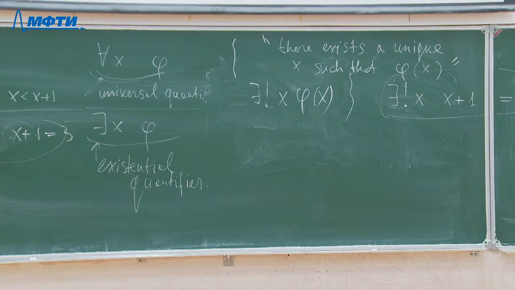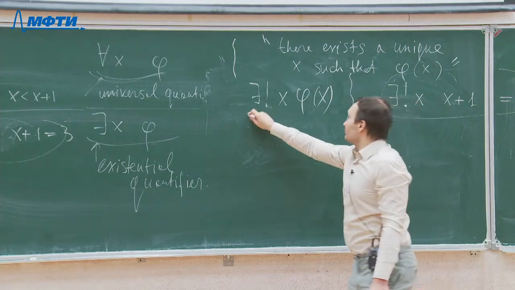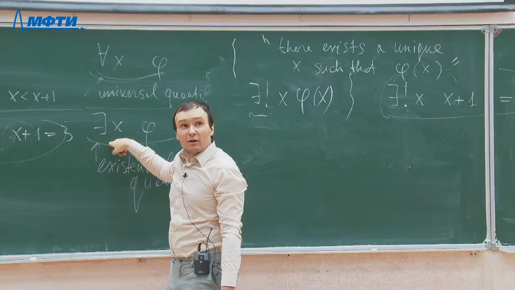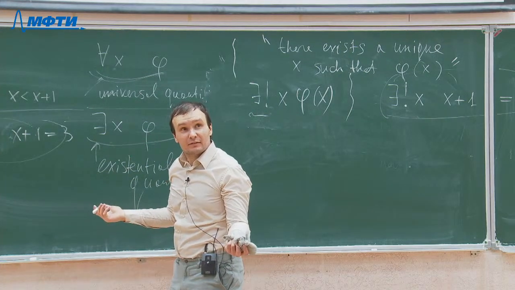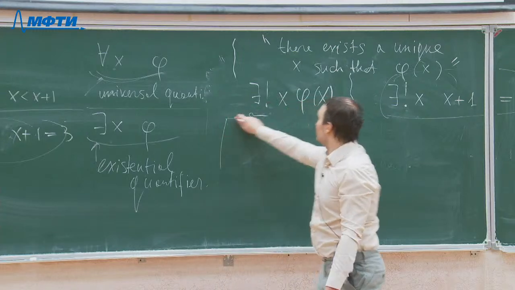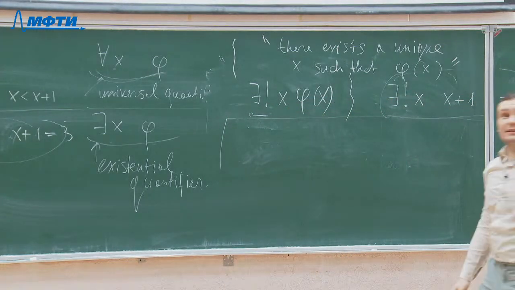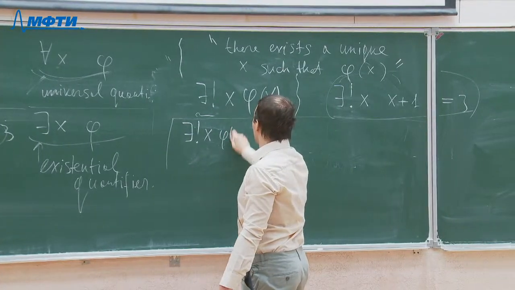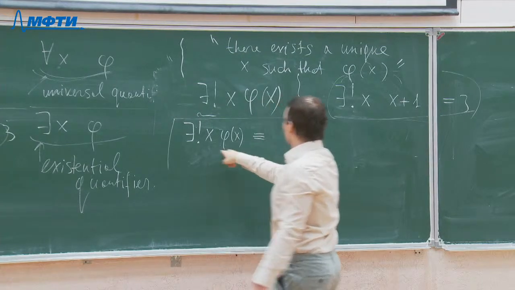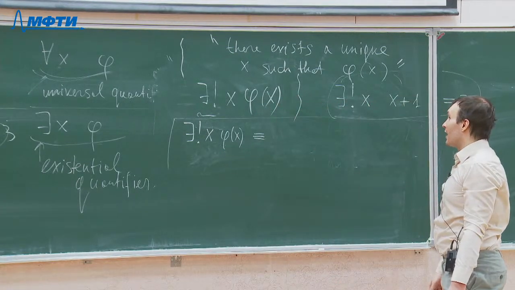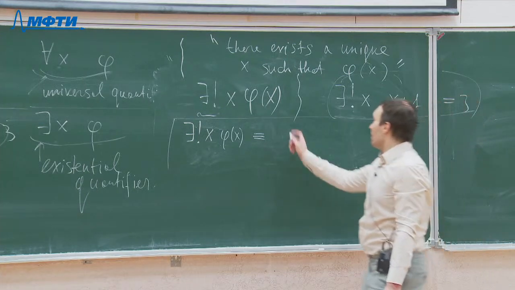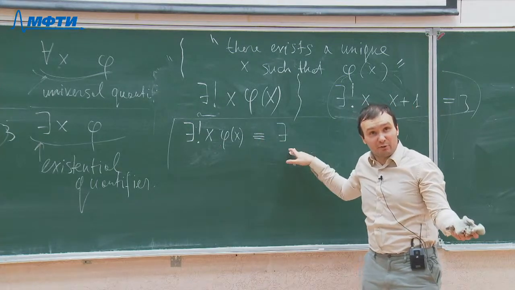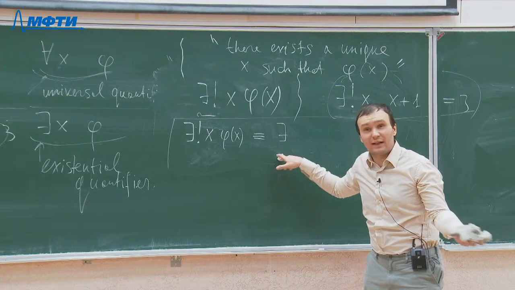But do we have any way to express this quantifier in terms of these two, which are considered basic? Is there any way to do so? In fact, there is. We say that there exists a unique x such that phi of x holds. What does it mean? First of all, this symbol reads is logically equivalent, is true if and only if.